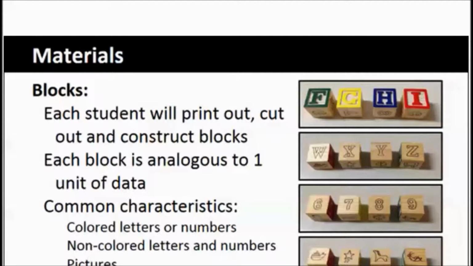Okay, the data you're going to be processing will be blocks, like those used in preschool classrooms. These are going to be the game pieces. Look at how they all have attributes like colors, alphabetic or numeric characters, and pictures, and these are all important to solve the problem that you've been given.